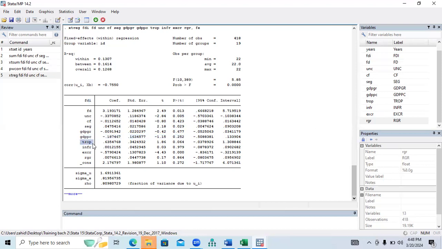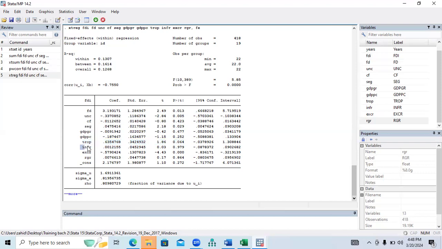Then trade openness is positive and it is weakly significant. It is close to 1.96, and if you see, the p-value is greater than 5% but less than 10%. When a p-value is close to 10%, it means it is weakly significant. So we can say here that trade openness is positively impacting the FDI and it is weakly significant.